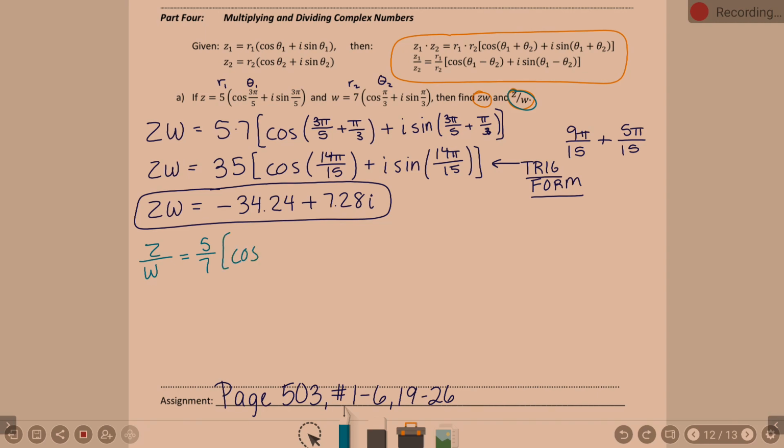And then cosine, what changes here? You are subtracting instead of adding. So now I'm going to be doing 3 pi over 5 minus pi over 3, still plus I times sine of the same fraction pieces, 3 pi over 5 minus pi over 3.